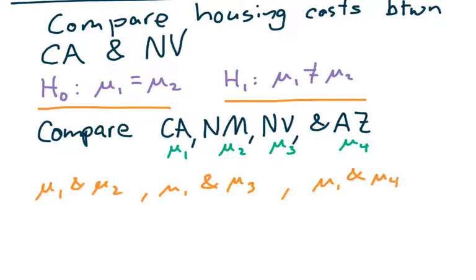And here, since there are 6 different possibilities, comparing mu1 and mu2, mu1 and mu3, mu1 and mu4, and so on and so forth, and then mu2 and mu3, mu2 with mu4, mu3 with mu4, and there are all 6 possible pairings.